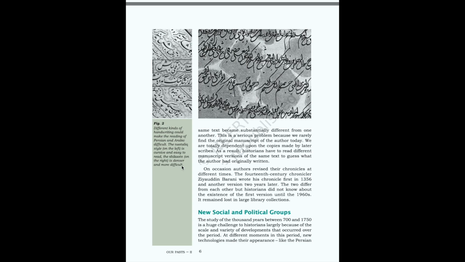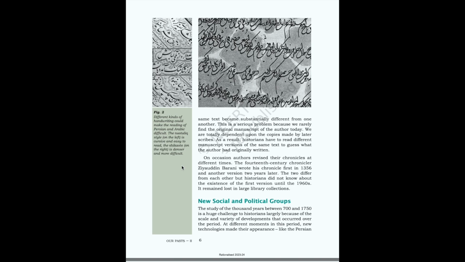The 14th century chronicler Ziauddin Barani wrote his chronicle first in 1356 and another version 2 years later. The two differ from each other, but historians did not know about the existence of the first version until the 1960s. It remained lost in large library collections.